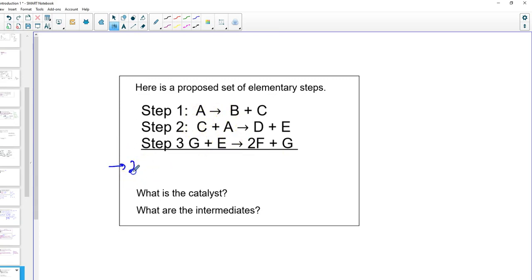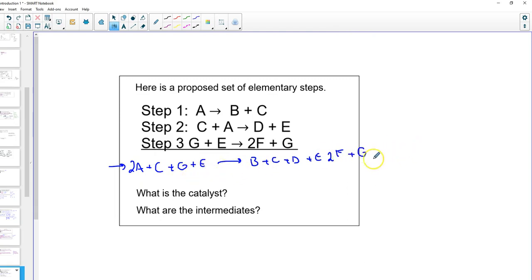I have 2 A's, I got a C, I have a G, and I have an E. What do I have on this side? Okay, I got a B, I got a C, I got a D, I have an E, I have 2 F's, and I have a G.